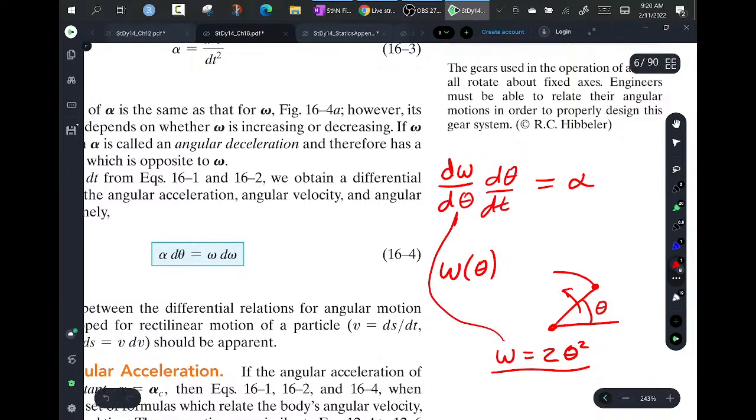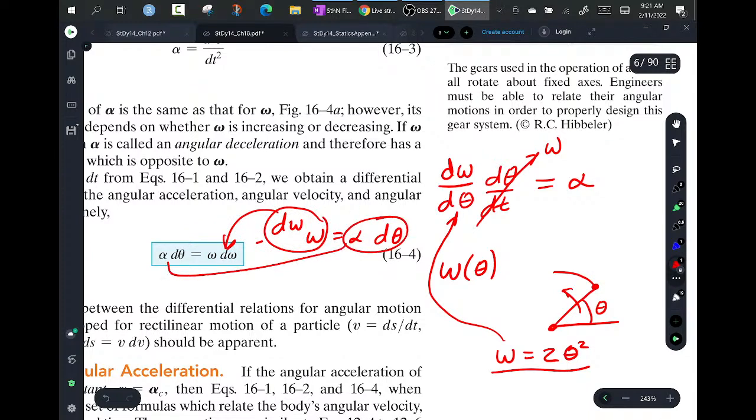So in fact you could take this, and then that's nothing more than omega. So what you end up with is d omega, d theta omega. Well, multiply both sides times d theta, and lo and behold, you get back this term, which is right here, and this term, which is right here.